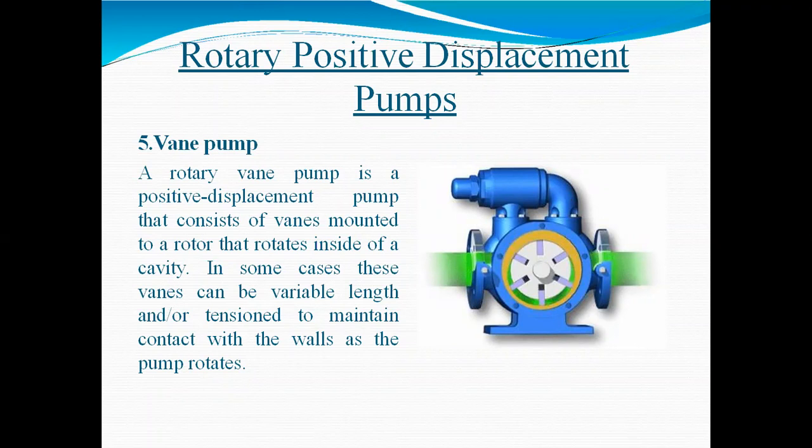The only thing is that your oil will come from the inlet point, trap between two vanes, and move further by reducing the volume and discharge from the discharge point. Your spring will continuously be in the expansion condition so that your vanes can make continuous contact with the internal side of the casing, to avoid leakage. This is fixed displacement.